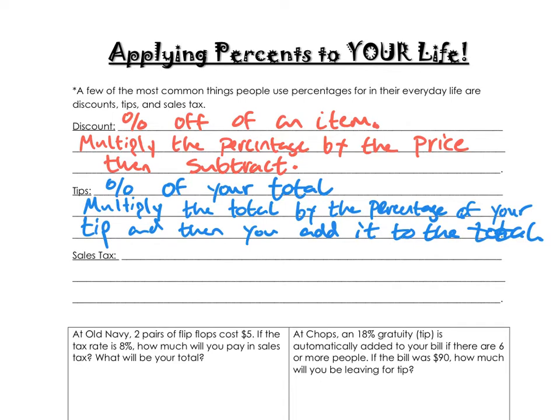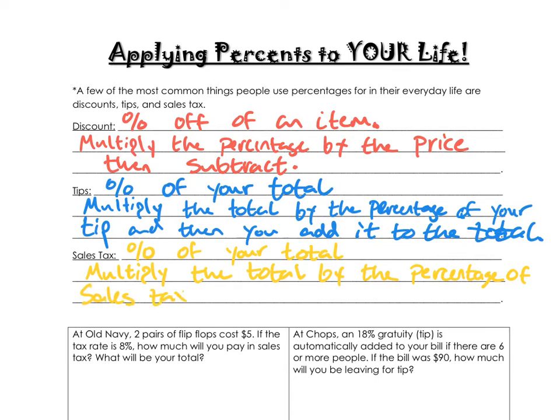Okay? Now, similar to tip would be the sales tax, which is a percentage of your total. Okay, now, sales tax are things that are again added. Okay? So what you would do here is you would multiply the total by the percentage of sales tax and add it to your total.